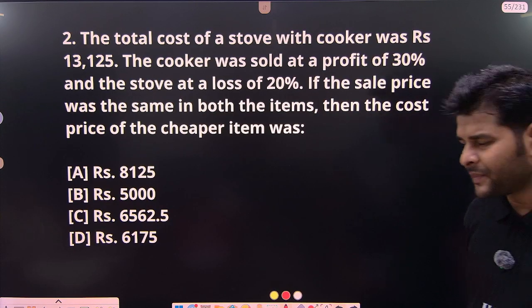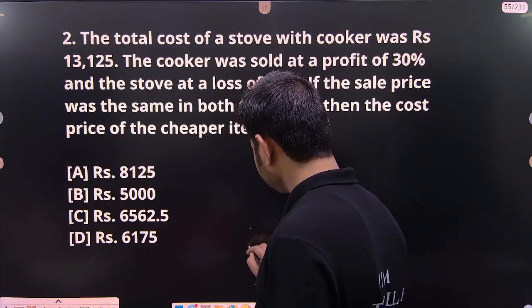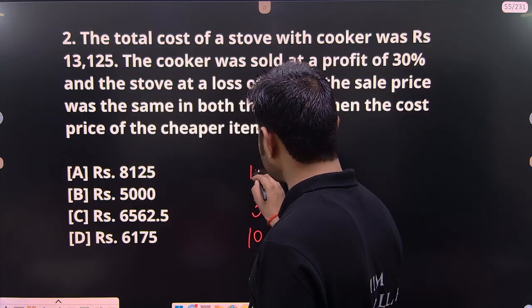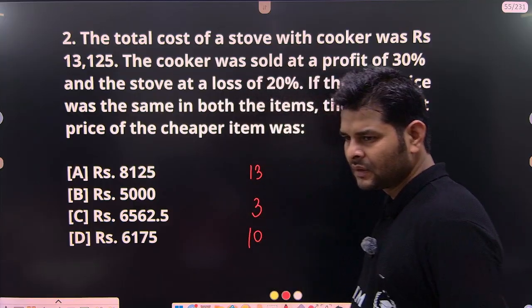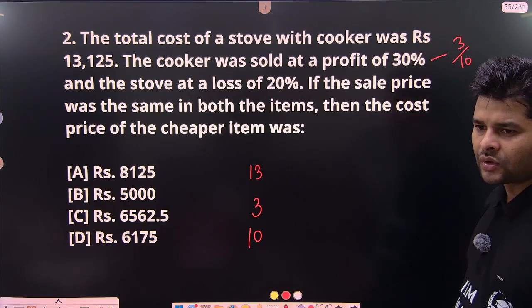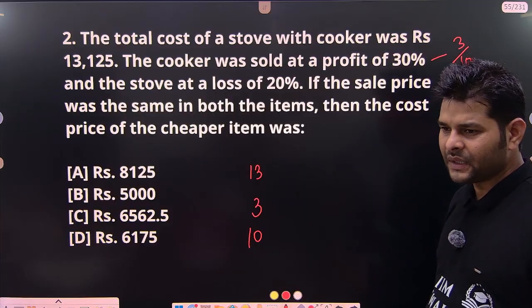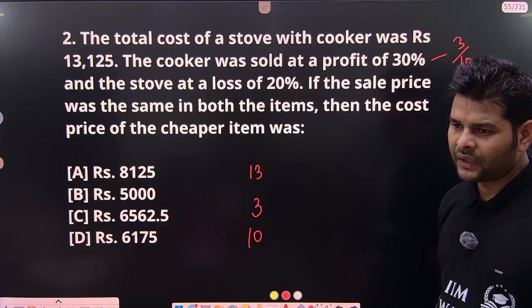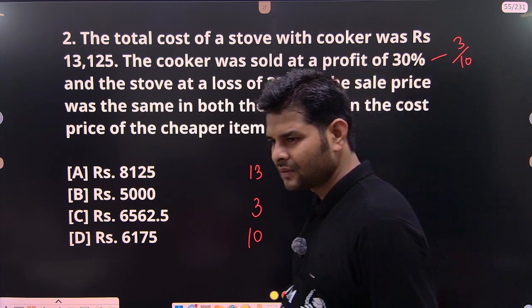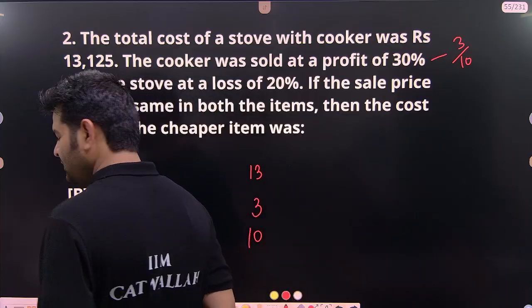So 30% means CP is 10, profit would be 3, and selling price must be 13. 30% means 3 by 10. So 10 must be CP, 3 would be profit, and SP would be 13.